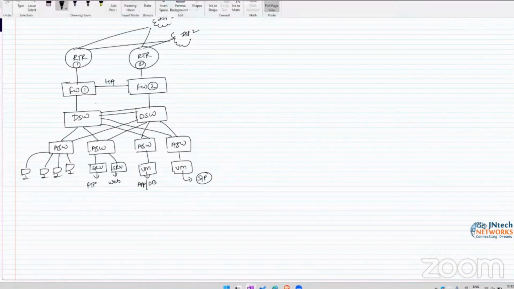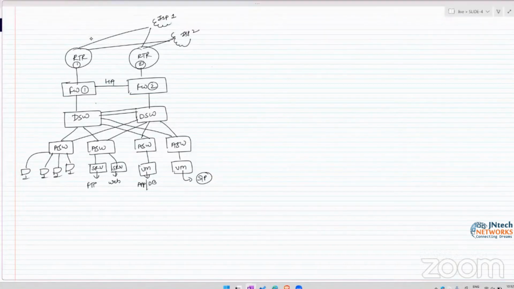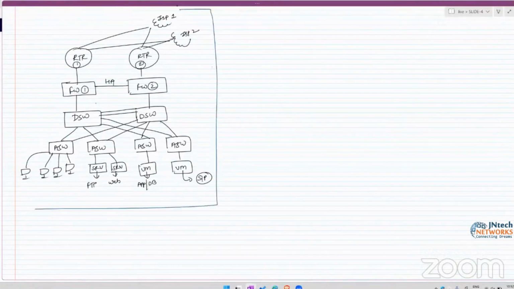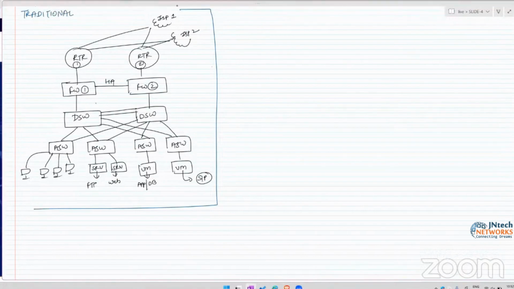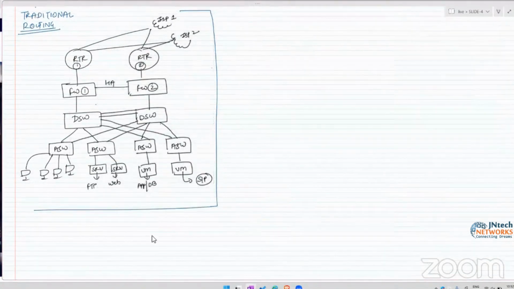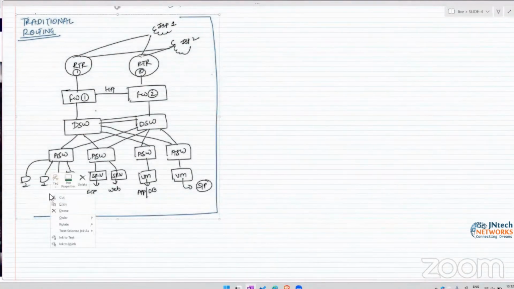Now, what will happen next? If in this design we implement a traditional routing scenario, how do we implement the configuration? We follow step by step, because before doing a software defined network solution, traditional must be clear.